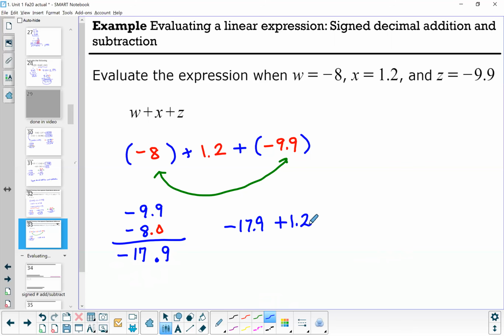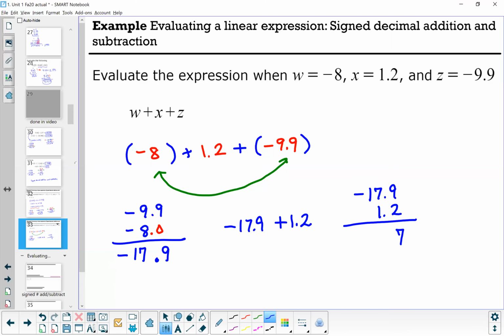Now we have a negative plus a positive. We have to subtract. So I'm going to line these up again. Negative 17.9 and the 1.2. Subtract them because the signs are opposite. So we have 9 minus 2, 7.